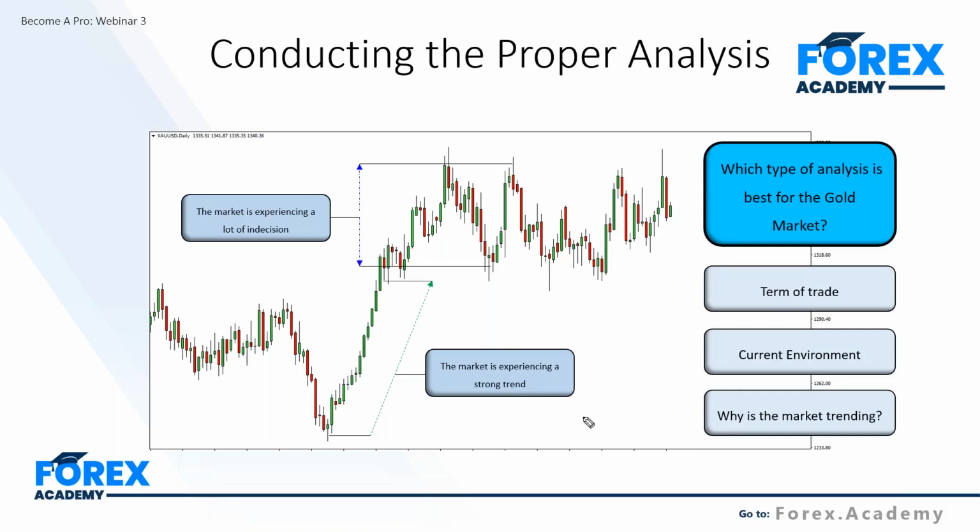Why is the market trending? Well, here we've seen, I believe this is over December time, a very strong trend to the upside as a result of inflation. The inflation caused by Donald Trump and his new tax reforms and how they would affect, I suppose, bouncing or strengthening inflation.